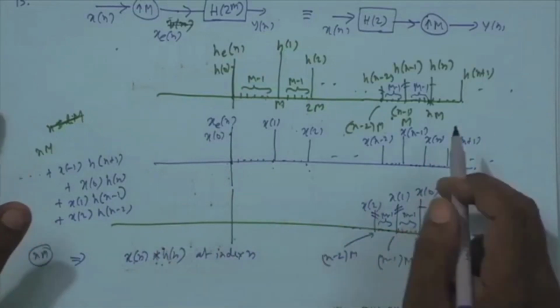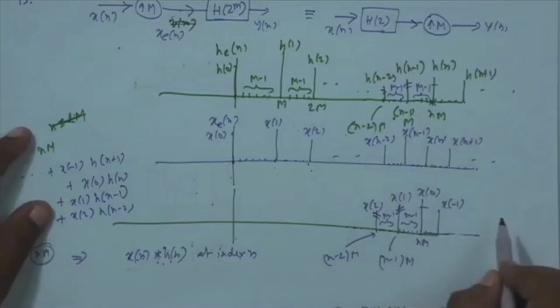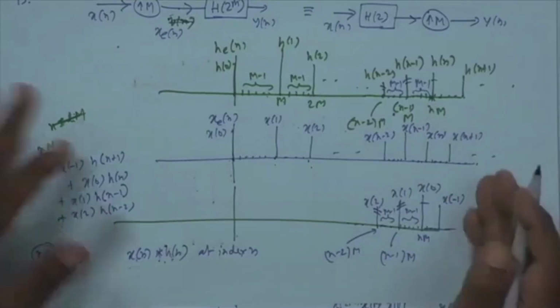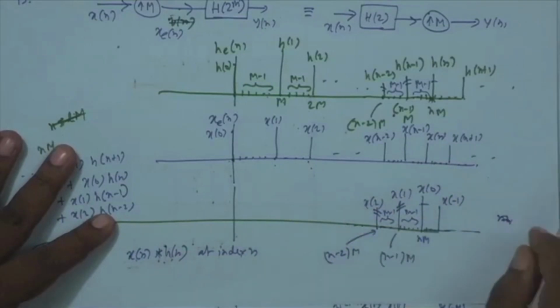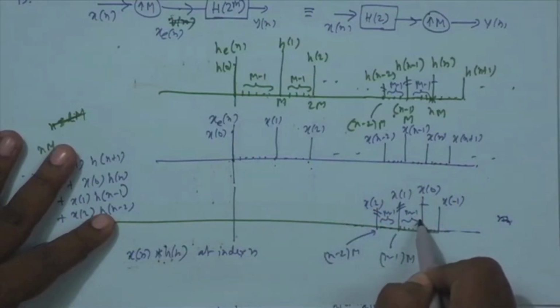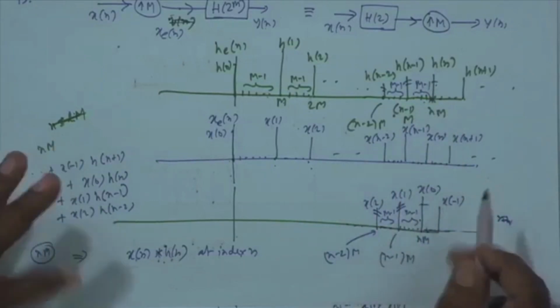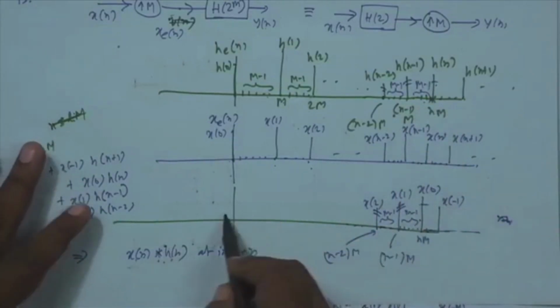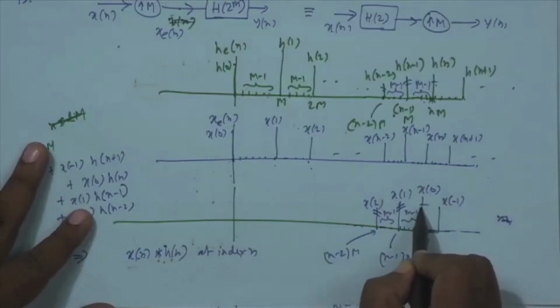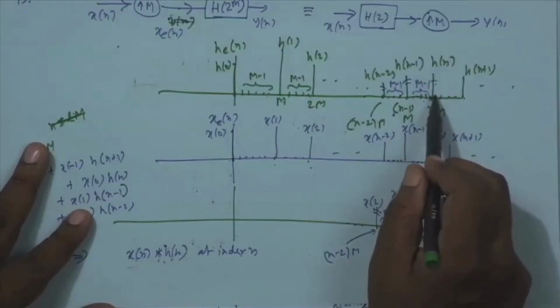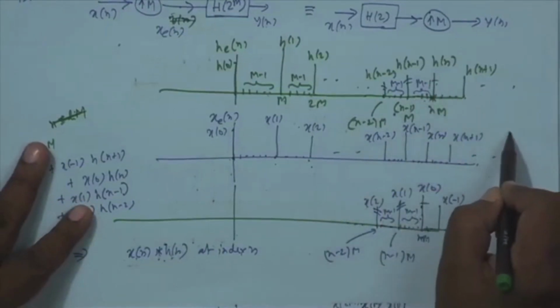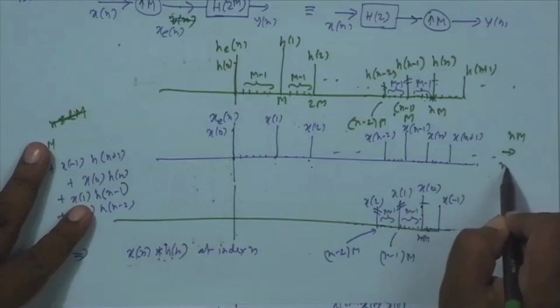On the other hand, if I shift not by nm, but say 1 less than that or 2 less than that, then x 0 will come under 0. Here I have shifted by nm, so x 0 has nicely come at nmth point, and here it finds another non-zero from here. But suppose instead of nm, I have nm minus 1.